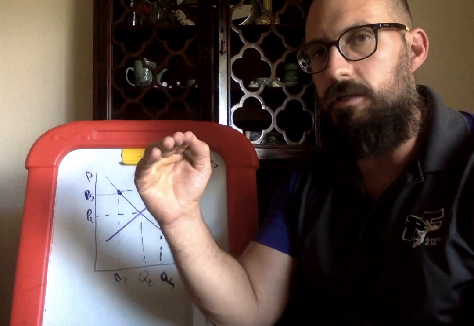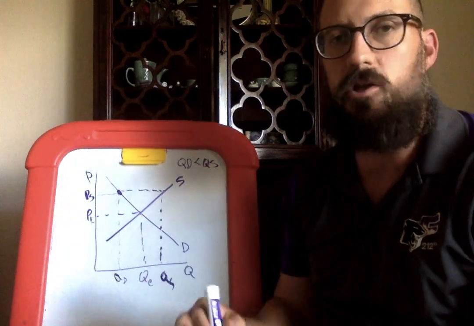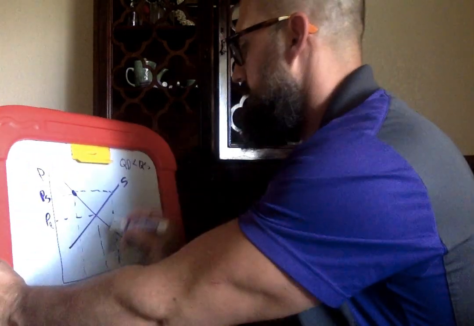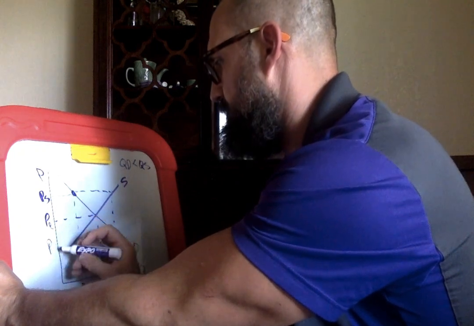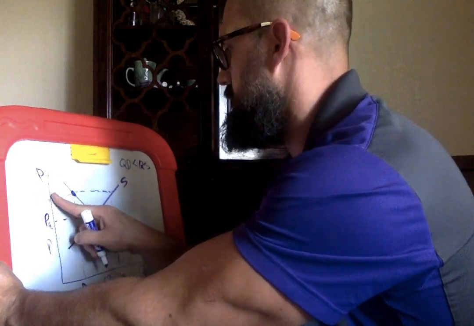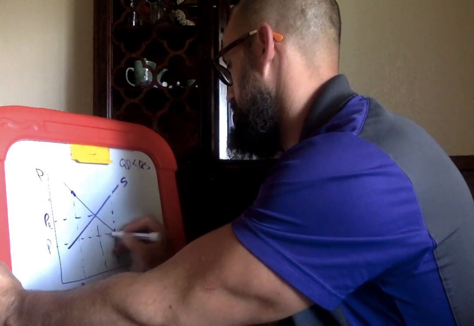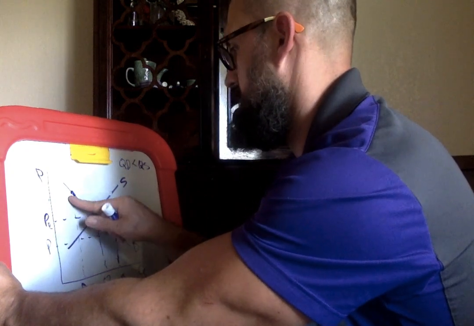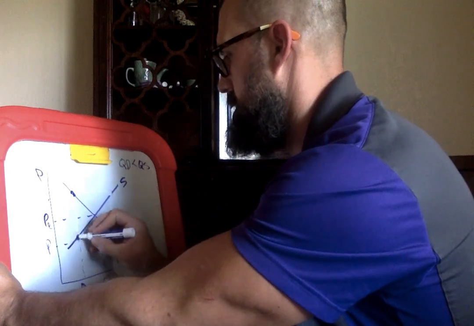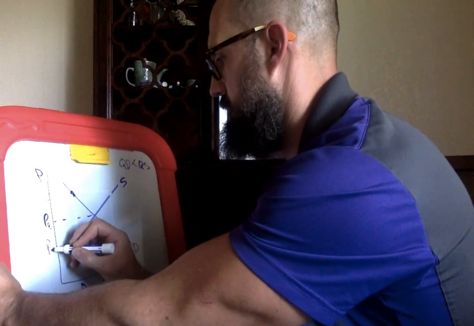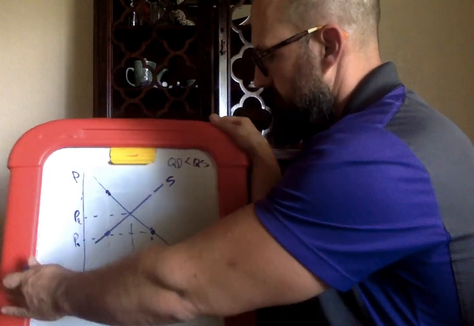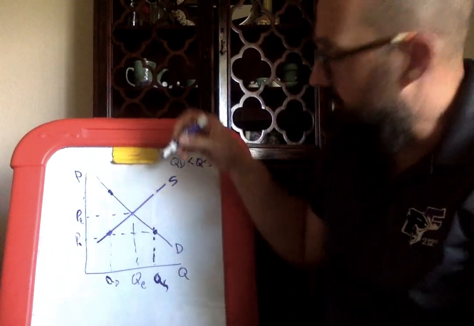And shortage is short, so it's going to be below the equilibrium point. So here we can get rid of this up here, and now you can see that this is a shortage.